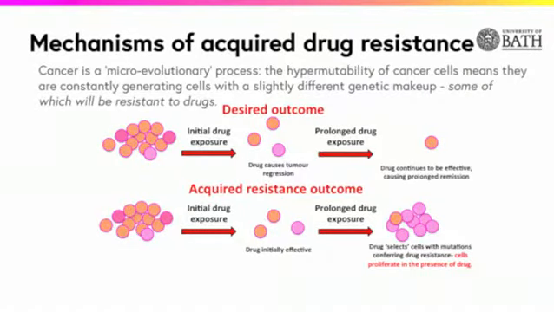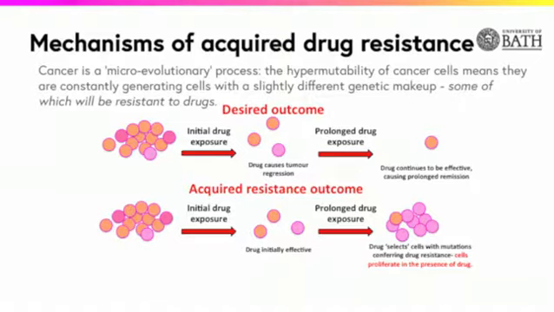So in contrast, mechanisms of acquired drug resistance happen during the course of the treatment. So they're not there from the outset, but they happen during or after drug exposure. So here it's worth remembering that cancer is actually a microevolutionary process.